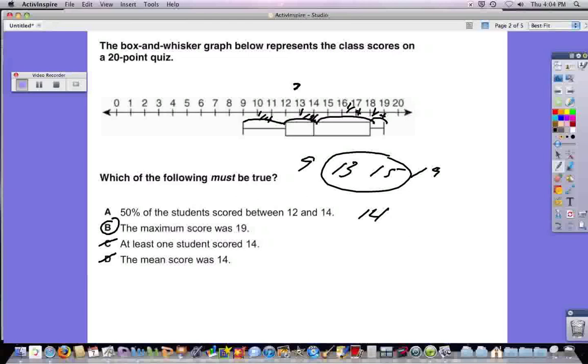No, it's only 25%. So only 25% scored between 12 and 14. So the maximum number was 19. That is true because over here is your max and over here is your min. Next problem.